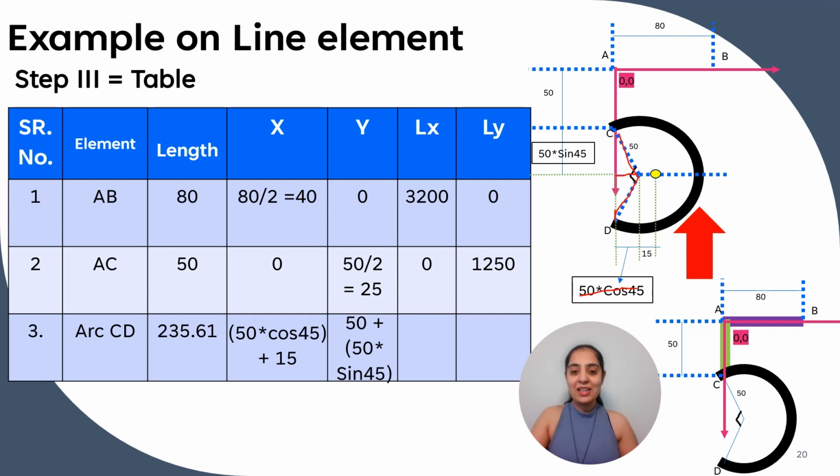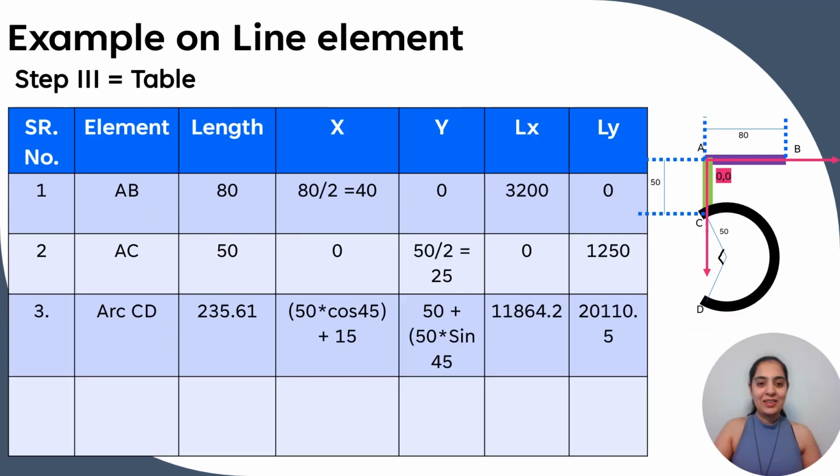Now we have all the necessary calculations. So L into X and L into Y. So for the given linear elements, we have the calculation for all the elements.